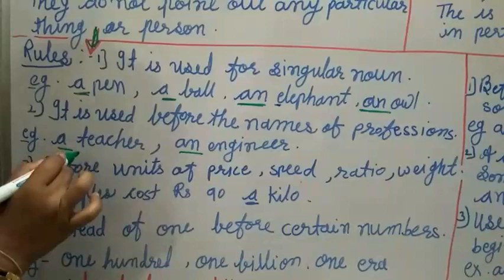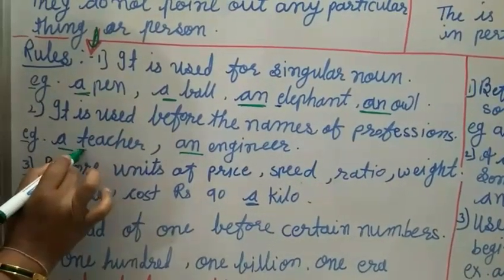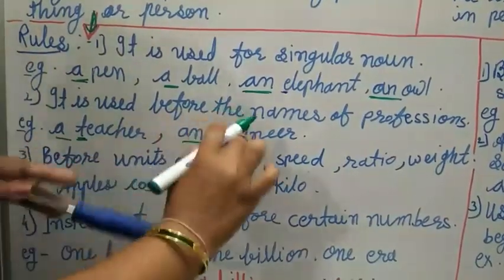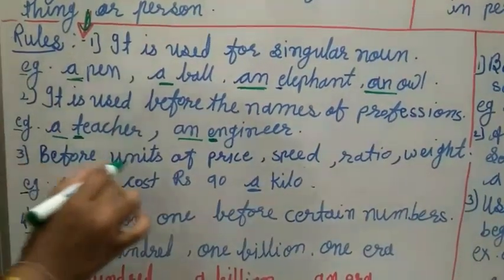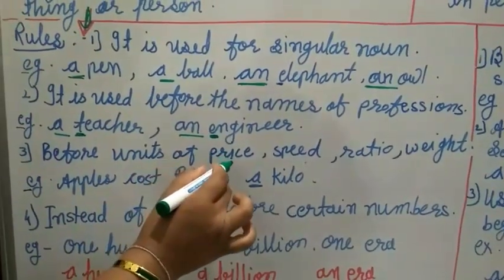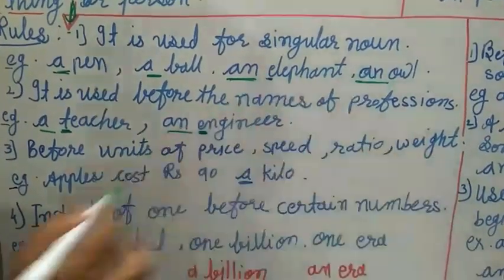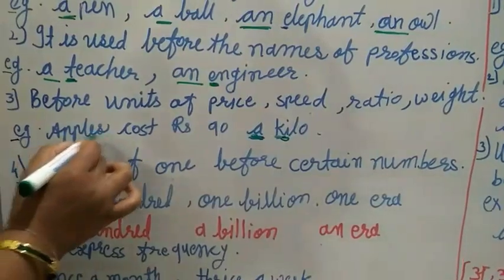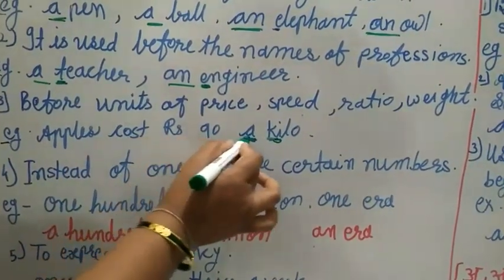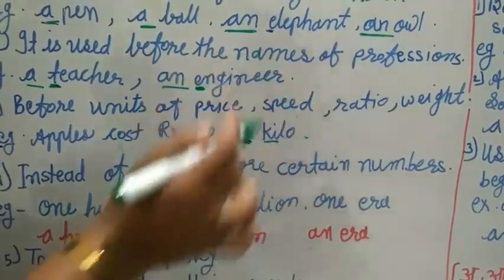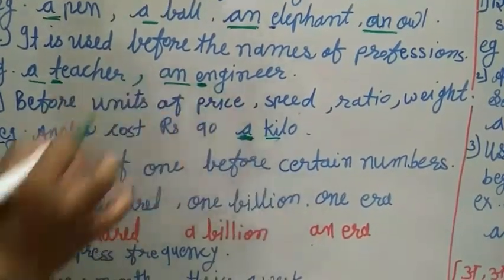Always check the first letter of the next word. Third, before units of price, speed, ratio, weight: apples cost rupees 90 a kilo. Kilo is a unit of weight, and for that we use a here.